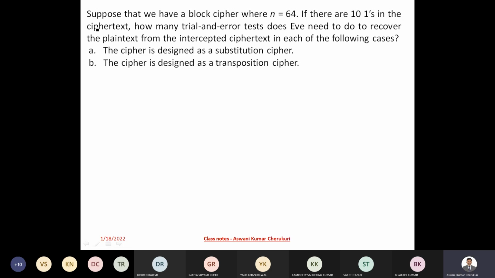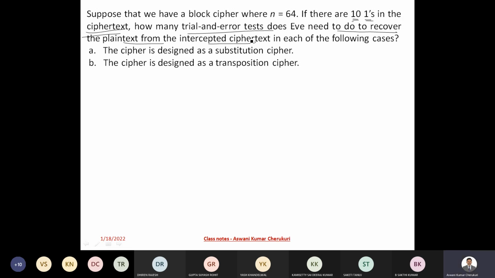So when you see the ciphertext, you have 10 1 bits. The point is, if an attacker is performing a brute force attack, how many attempts need to be made to recover the plain text from the ciphertext?